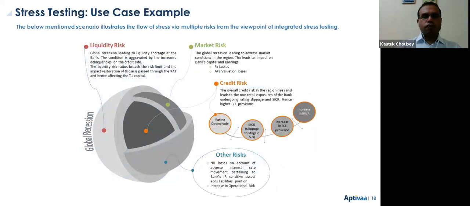Now, to give you a use case example, what we are seeing right now is one integrated stress scenario. Generally, at the beginning of a stress testing framework or program within the bank, banks tend to undertake the risk on a silo basis, meaning it would be assumed that either the credit risk is being invoked, or there are certain defaults, or there is some adverse movement in the market which causes liquidity risk or some market risk.